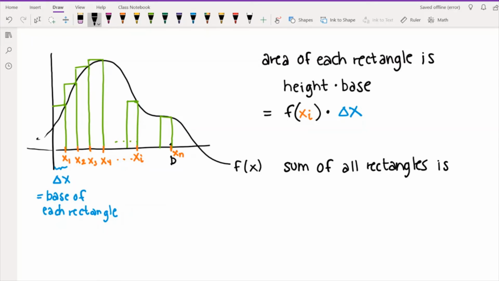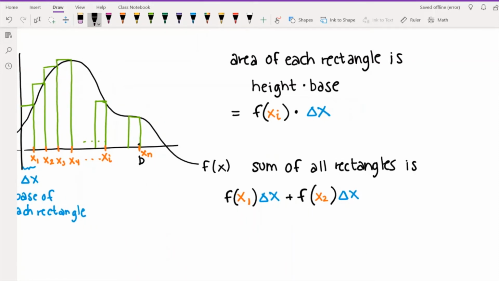So we would have f of x1 times delta x plus f of x2 times delta x, and then going all the way up to, we don't know exactly how many rectangles, so we're just going to use xn. So f of xn times delta x.